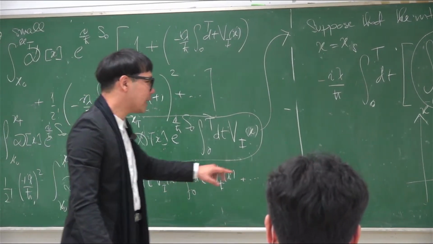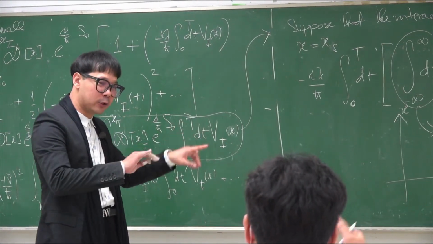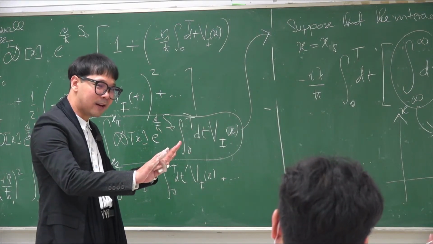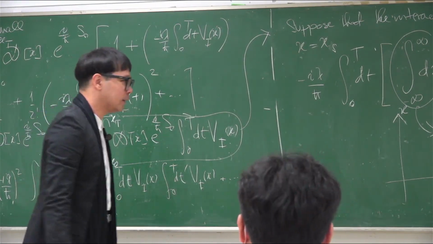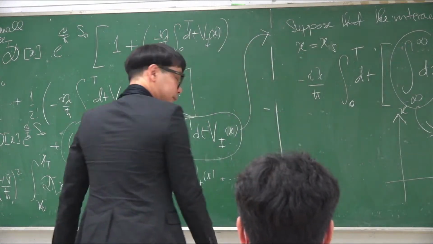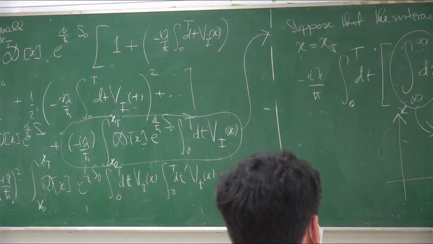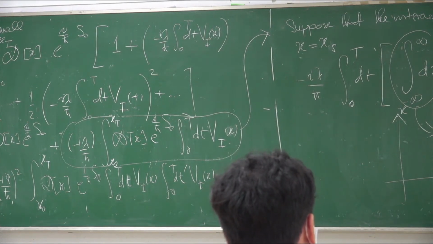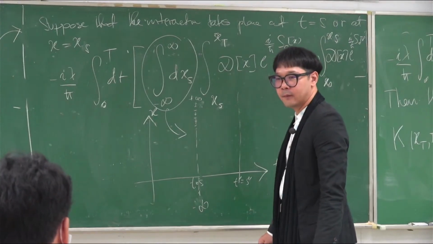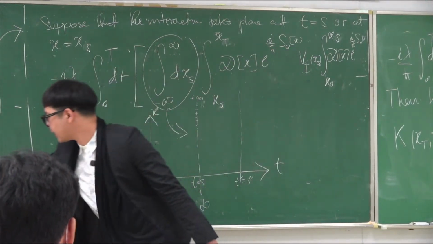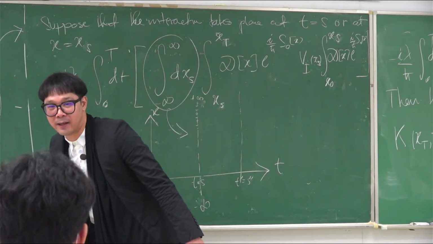Then you have to split it into 2 parts. Right. That is the thing. It means that you're going to have another point, that is the second interaction taking place.